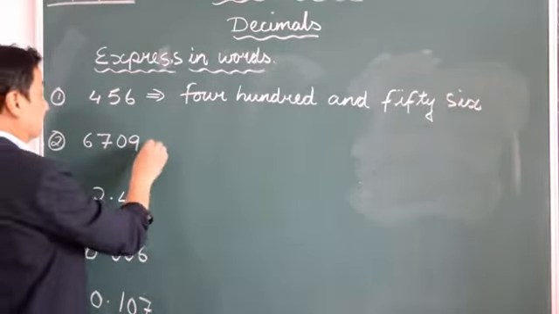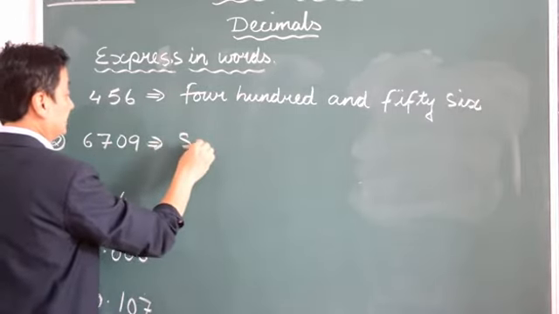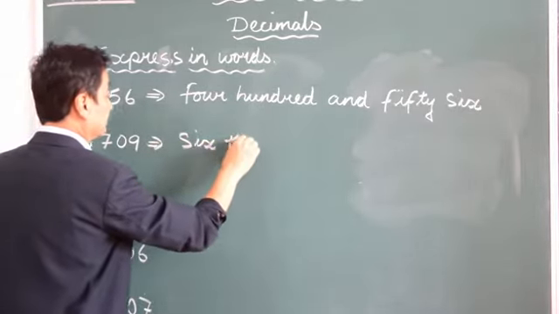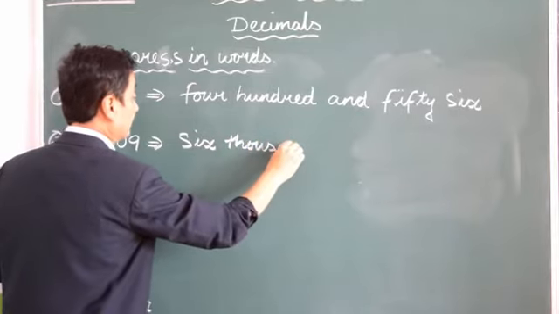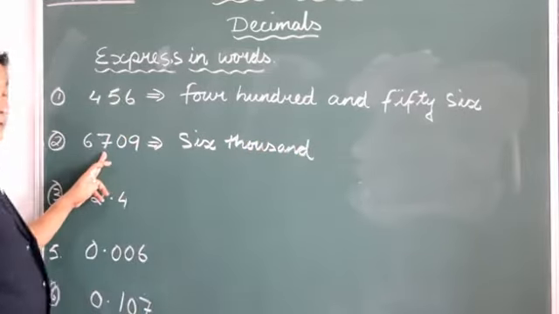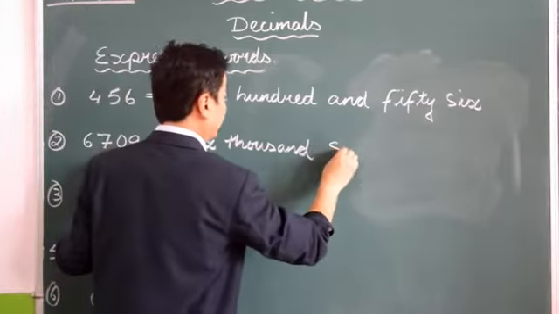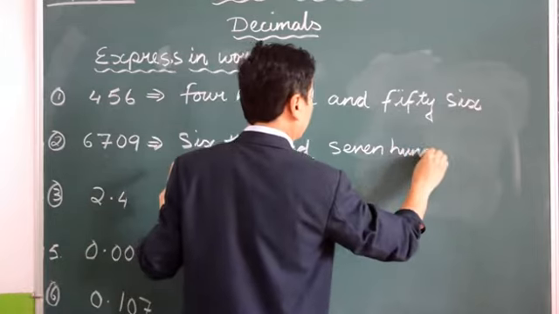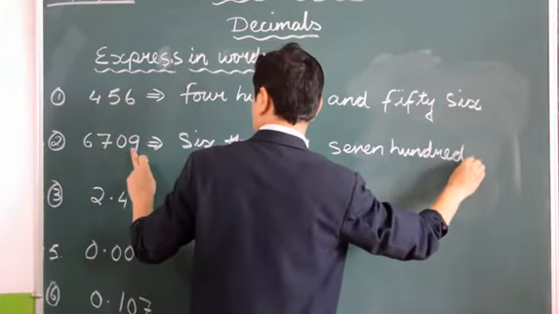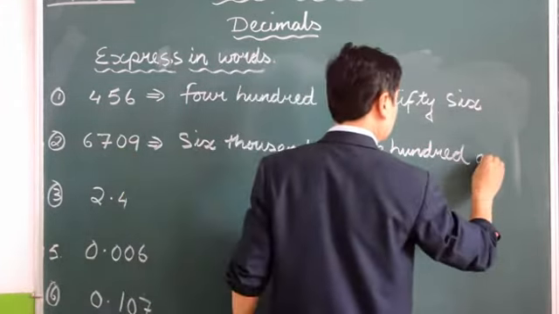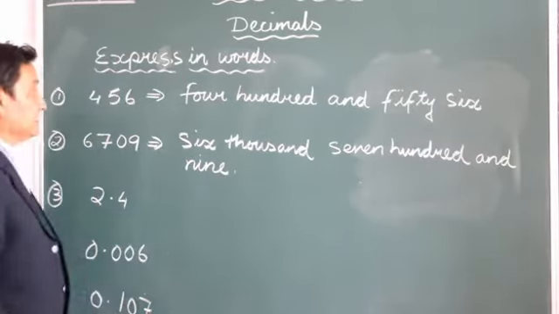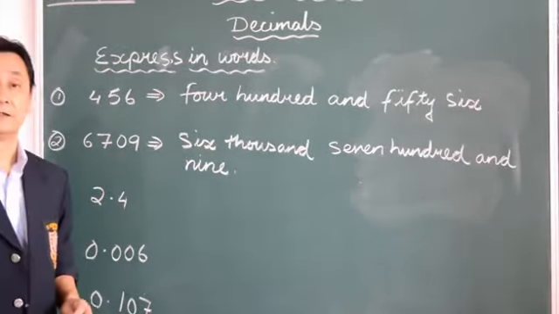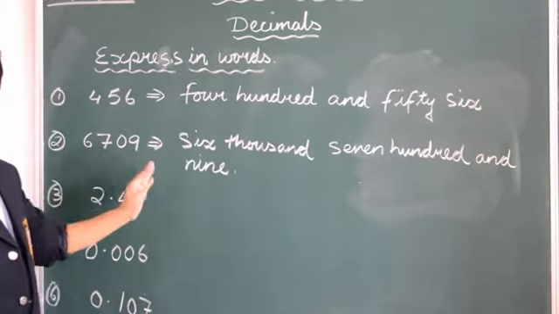How many thousands? 6,000. 700 and 9. This is how you should write in words before the decimal point.